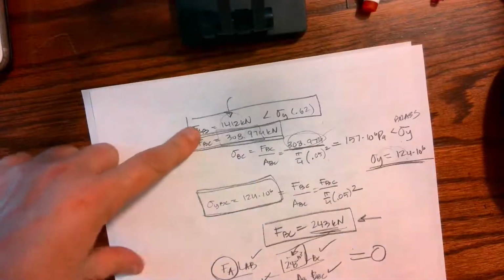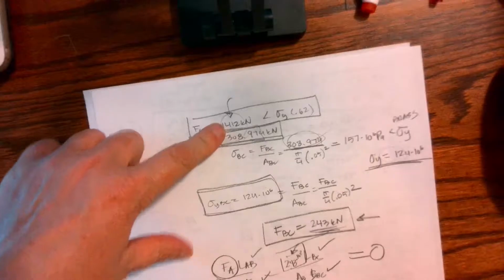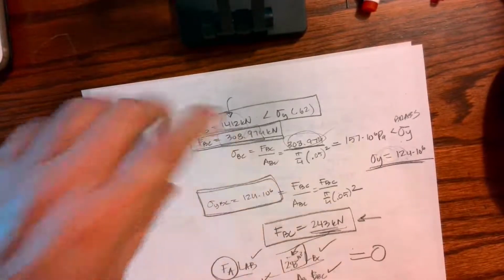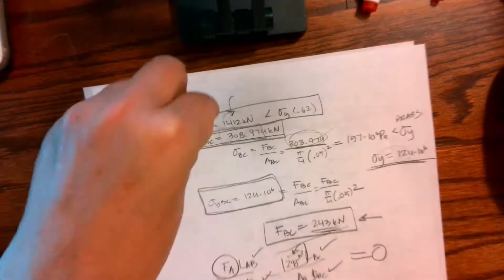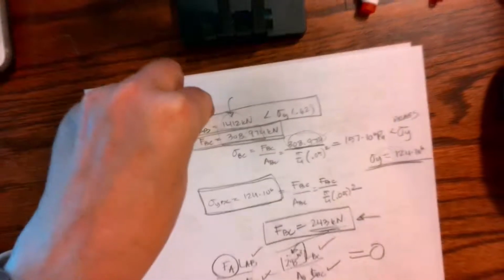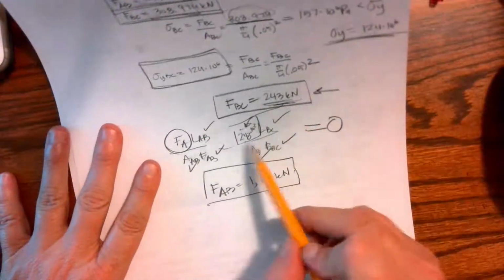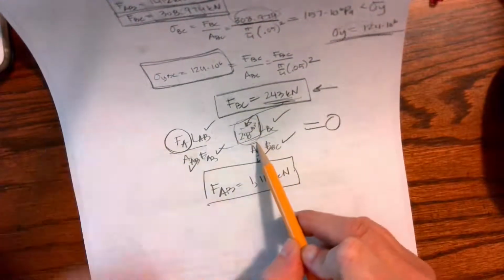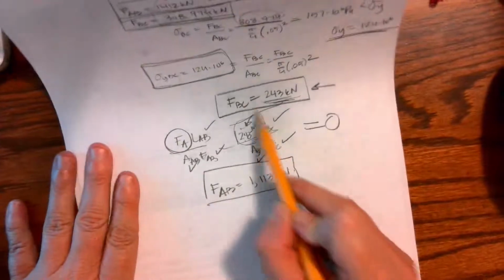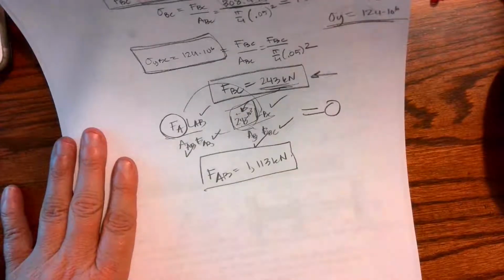This value is smaller than the one that I was allowed with 0.62 yielding. But again, going to the design for AB caused BC to yield, and I can't have BC yielding. So I went back and used BC as my yielding material to recalculate, which reduced that force in AB.